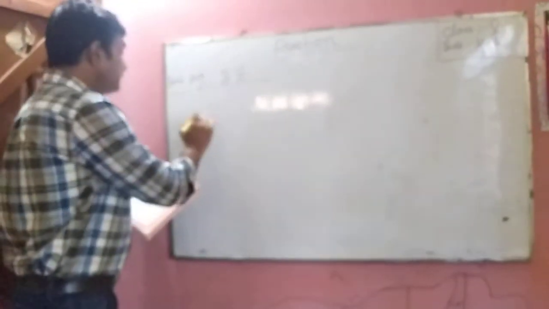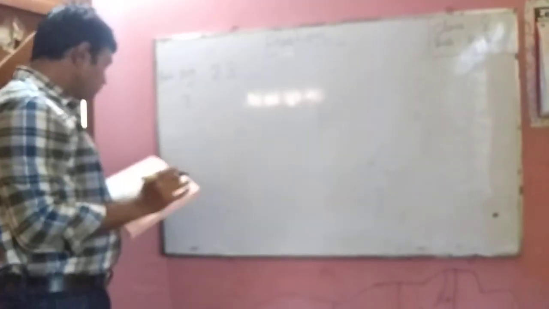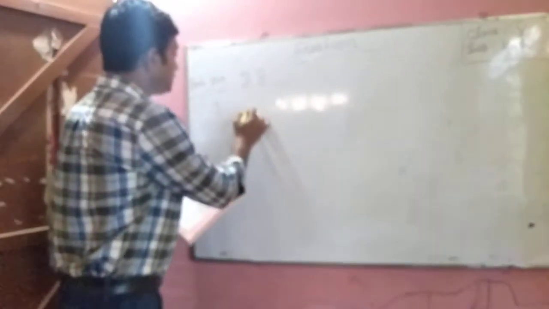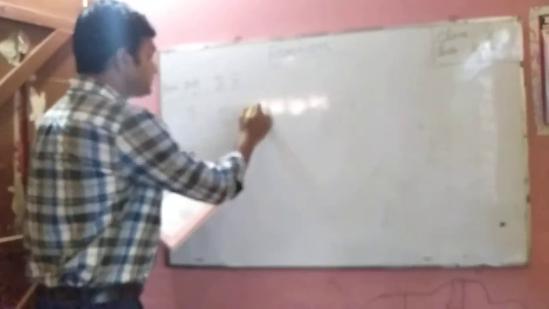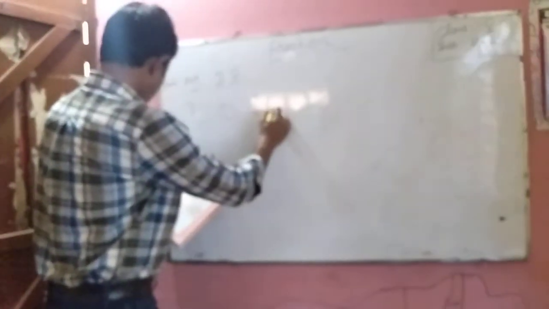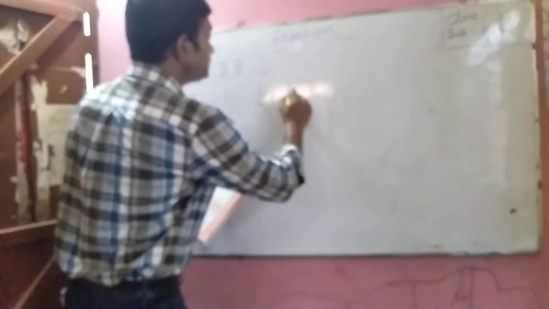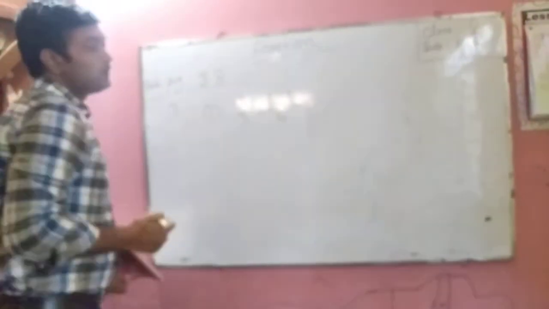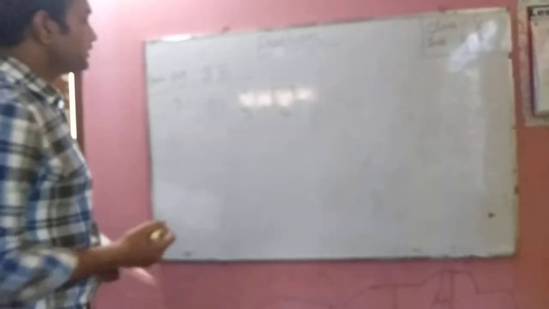Book page 38. Number 3. You know how to find missing numbers. So number 3, 1: you can see 1/3 equal to blank divided by 6. Here, how do you find the missing number?